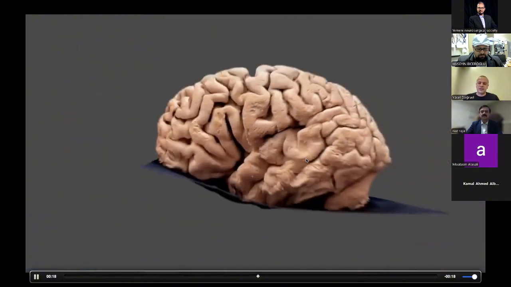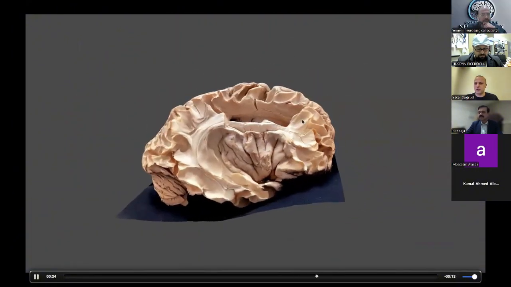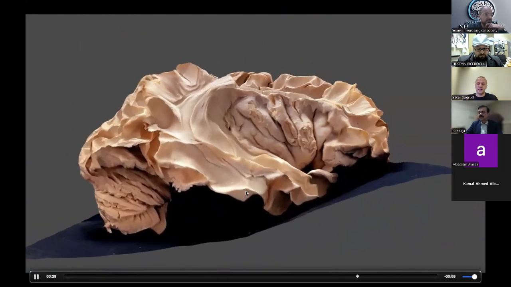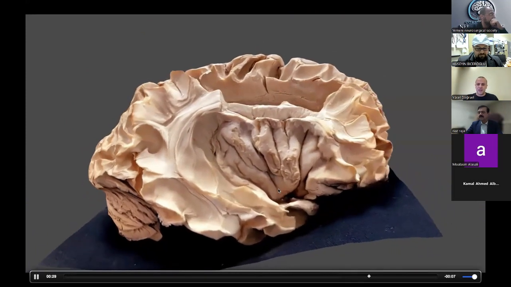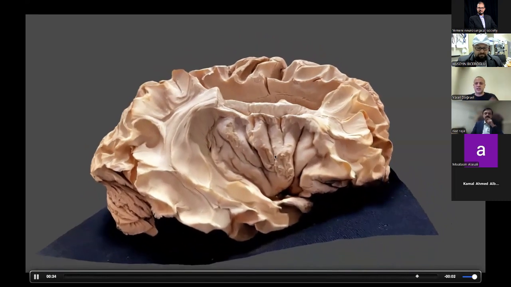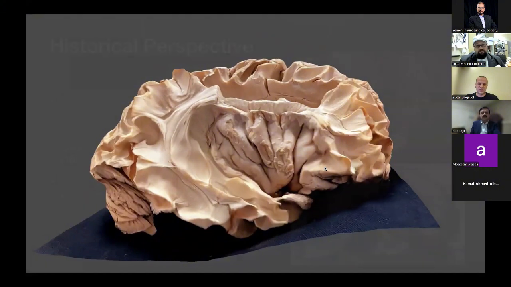In the second part of my presentation, we will talk about the anatomy of the insular cortex, which is a hidden structure, also named the Island of Reil. We will talk about these anatomical structures and the anatomical neighborhood of both of these important structures.